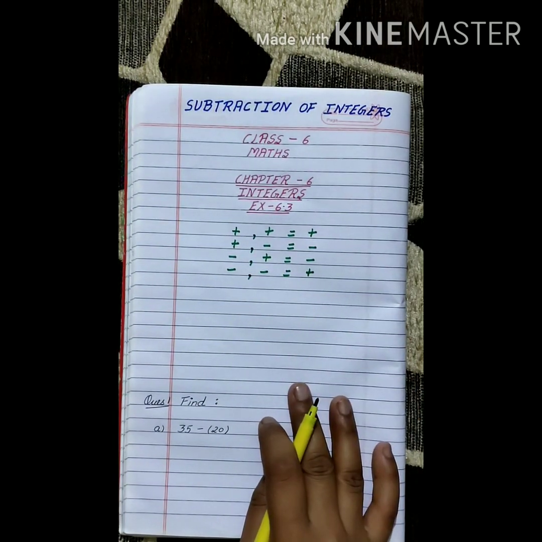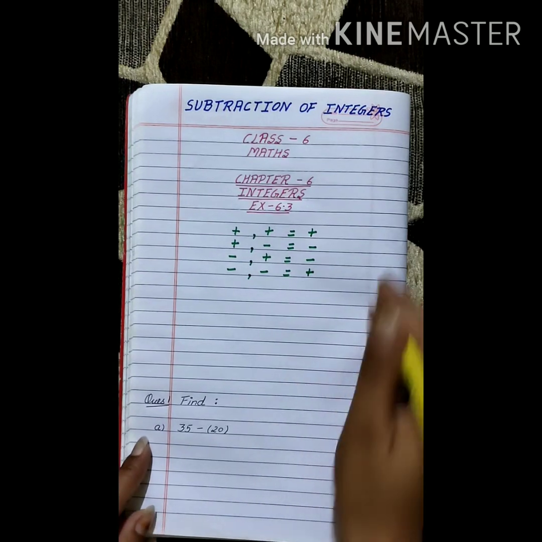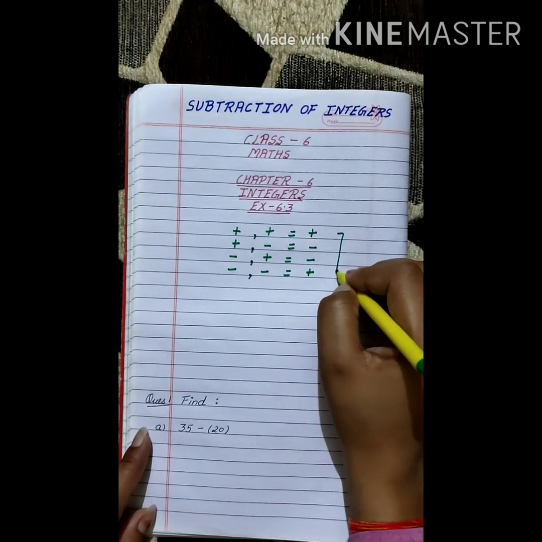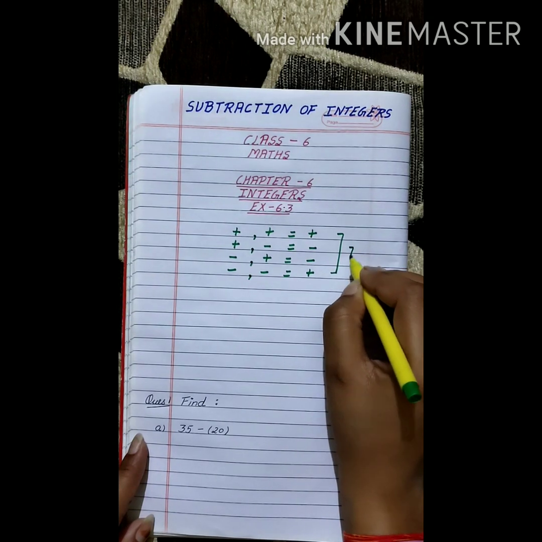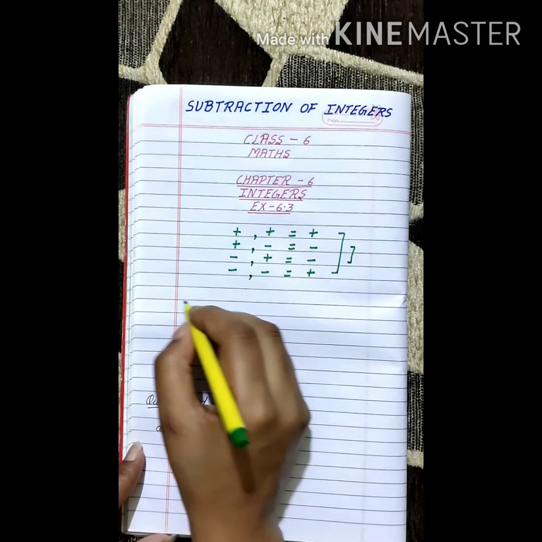From this explanation, we can conclude that if both signs are same, then we will add, and if both signs are different, then we will subtract.